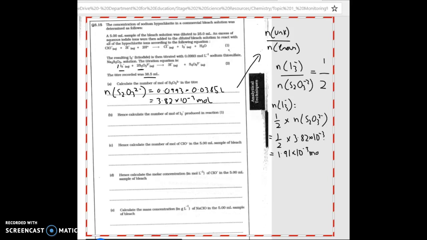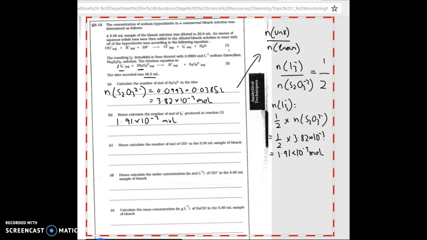So the triiodide, we ended up with 1.91 times 10 to the minus 3 moles of that. That's our answer. Put that in here, 1.91 times 10 to the minus 3 moles.